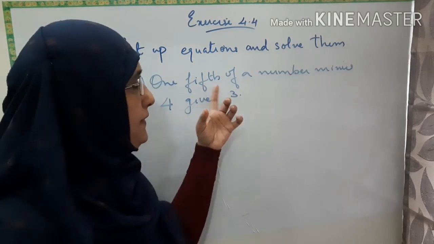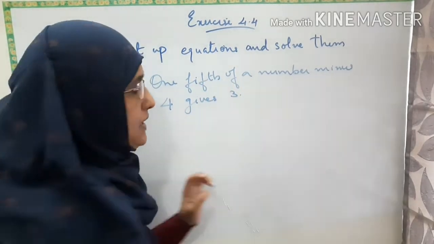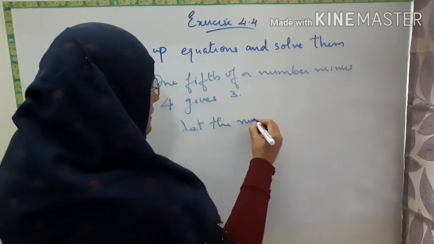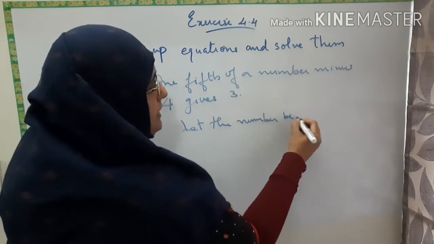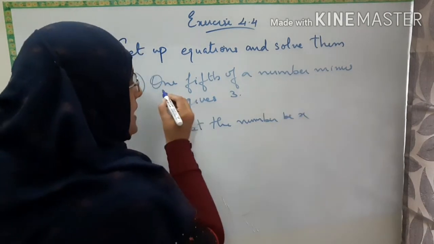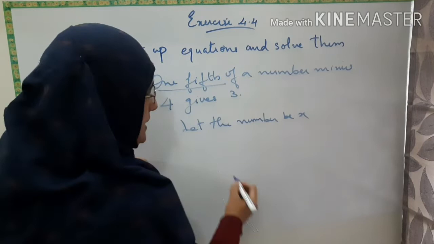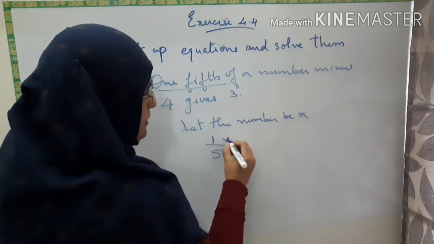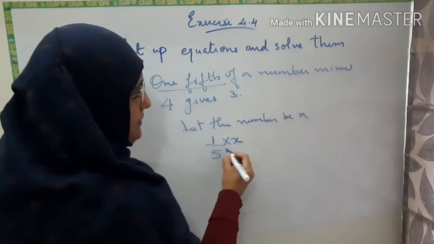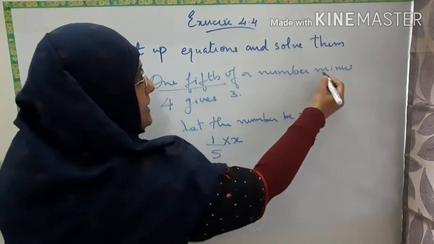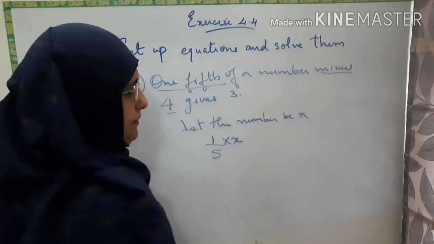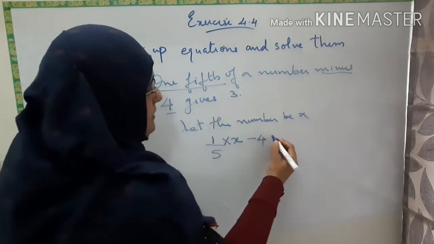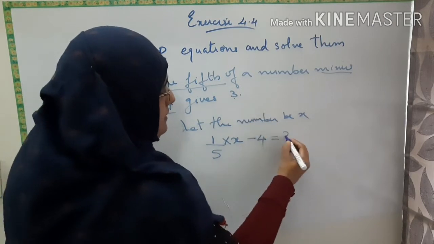Second question, 1/5 of a number minus 4 gives 3. Let the number be x. What is the condition? 1/5 of the number, that is 1 by 5, of x. When "of" comes, it is multiplication, so 1 by 5 into x, minus 4, equals 3.